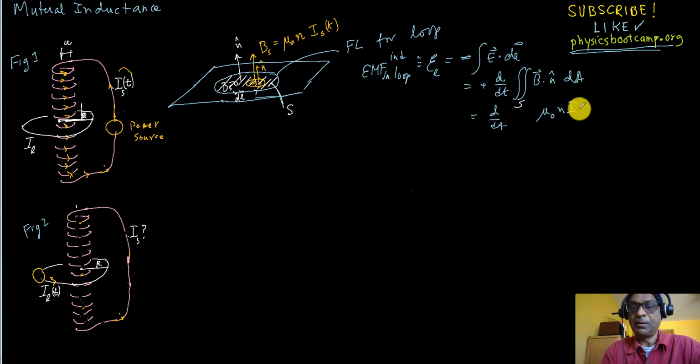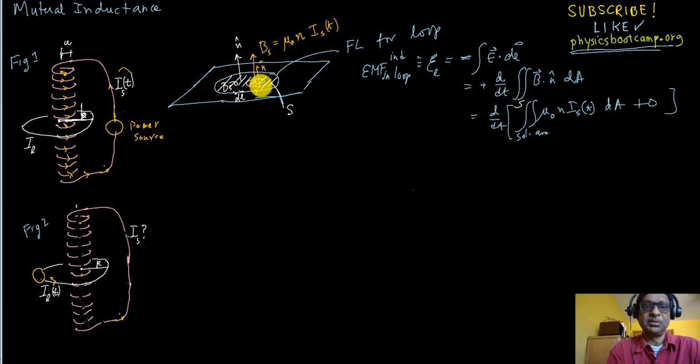So this times n hat is going to be mu 0 n I_s of t, and this area dA. Outside the solenoid B is 0, so it's just over the solenoid area, SA.